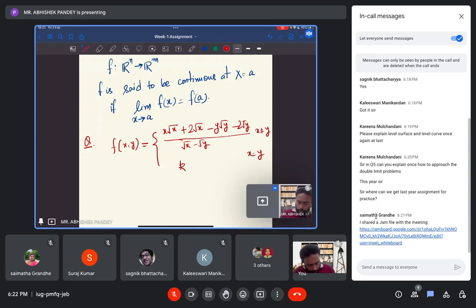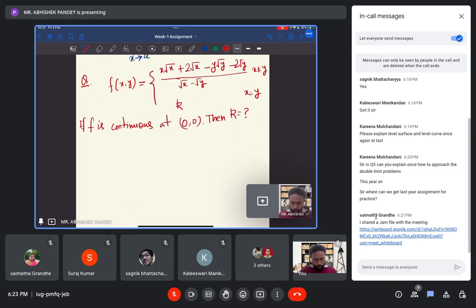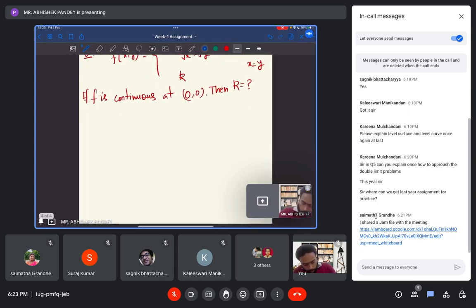It is given that f is continuous at (0, 0). If f is continuous at (0, 0), then what is the value of k? So let us solve this problem.